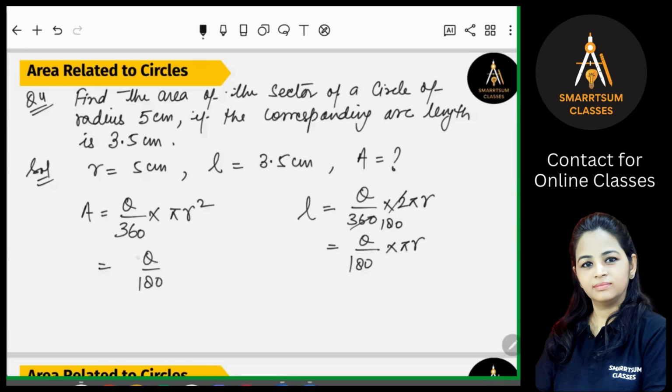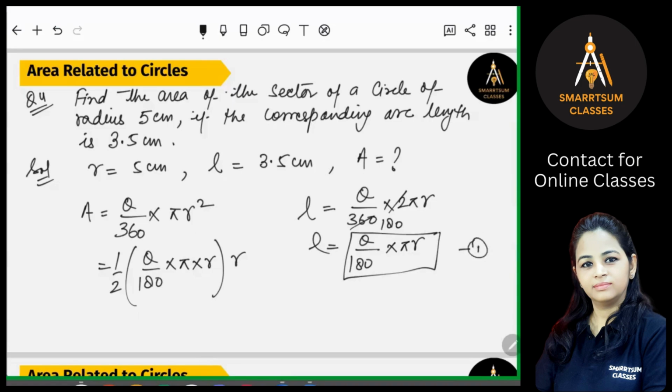We can write in this way, and we can take 1 by 2 here, right? Into pi into r, and 1 r we can take outside, right? So this is what? This is your L, right? So this becomes your L, getting that by this relation, okay, right?